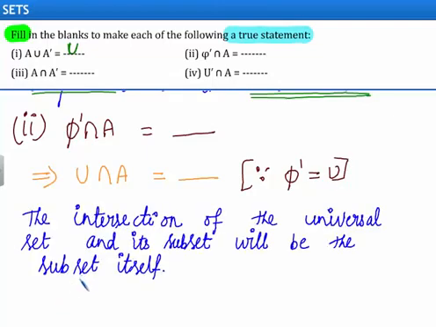We know that the intersection of the universal set and its subset will be the subset itself. So we can fill in this blank with the set A. So we can fill the second blank with the set A. That is, pi complement intersection A will be equal to the set A.